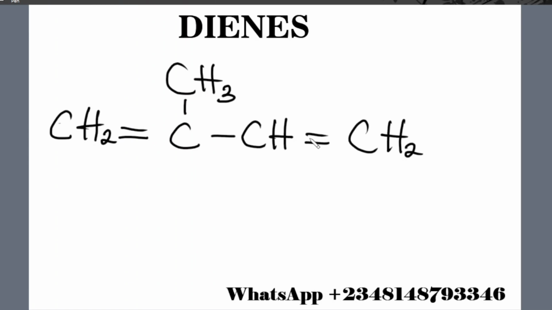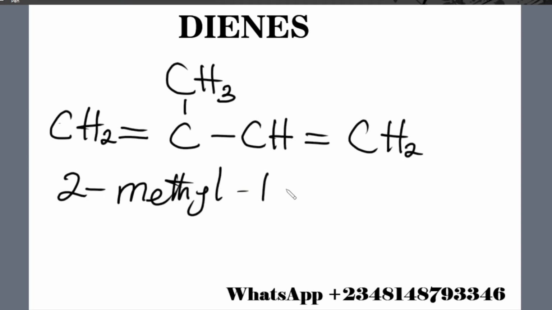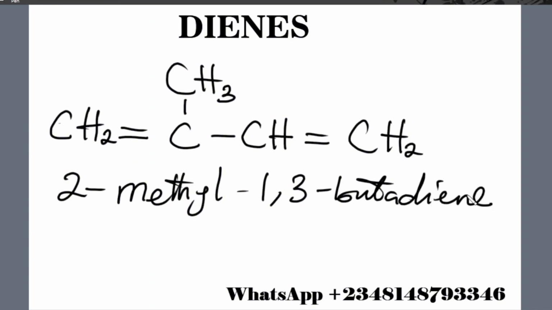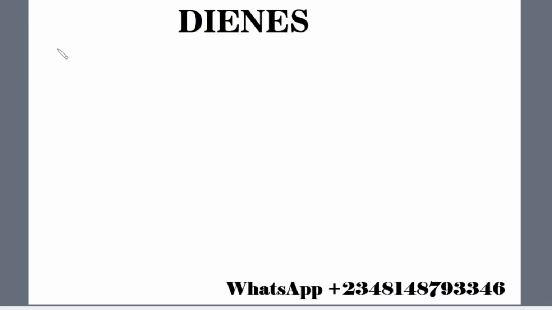That is why it is called a conjugated diene. The name of this structure is 2-methyl-1,3-butadiene.